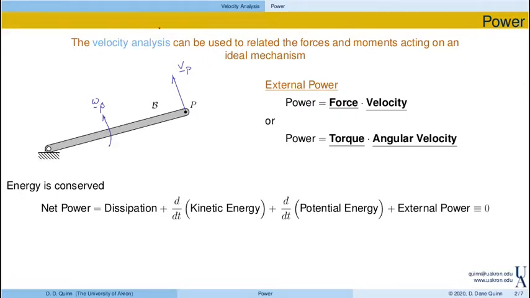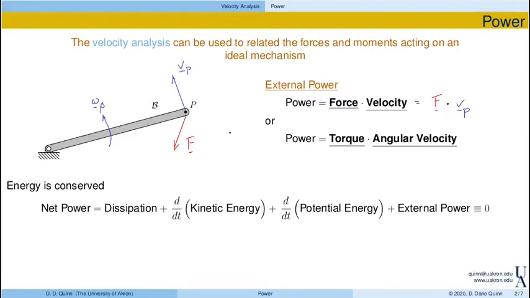So now, if I think about a force that's applied, say at the end, then the power due to that force is force dot velocity. So essentially that's equal to the force itself, F, dot the velocity, V of P. So again, if I know the force and I know the velocity, I can calculate the power.